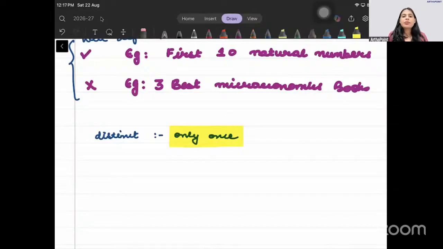Every element is coming a unique number of times. Unique means it is only coming once. Then we can say that it will be a set. So for something to be called a set, it has to be well defined, not haphazard, where we don't know what will come inside it. That should not be the case. And at the same time, it should be distinct.